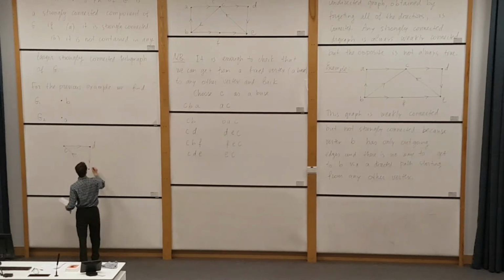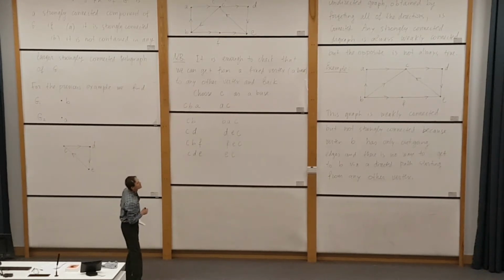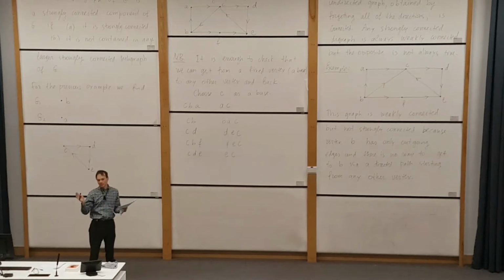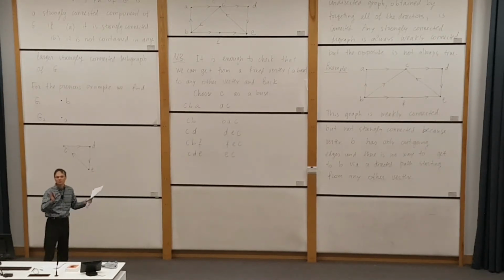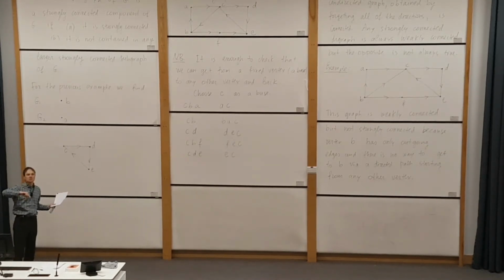C, D and E, right? Whenever you have any number of vertices, here it's 3, but could be 4, 5, 6, such that they form a cycle, so that they can travel in a loop respecting the arrows, then it's clear they all will be in the same strongly connected component. The whole cycle will be part of your strongly connected component, right? Because I can travel as long as I need along the cycle, visiting any other vertex.